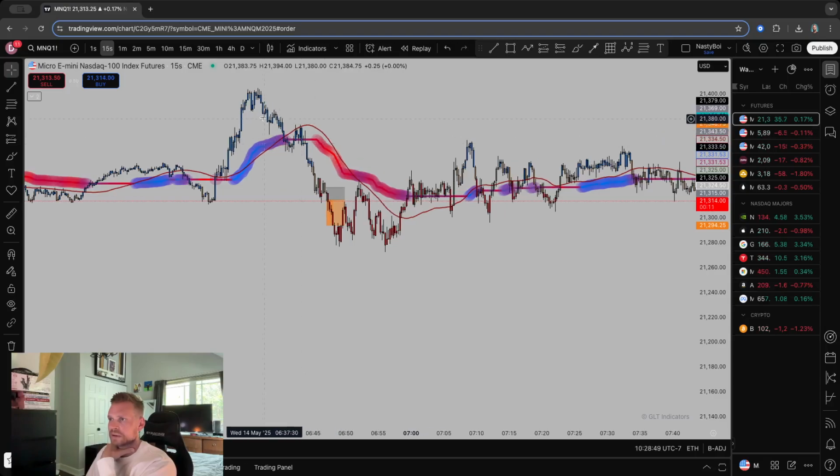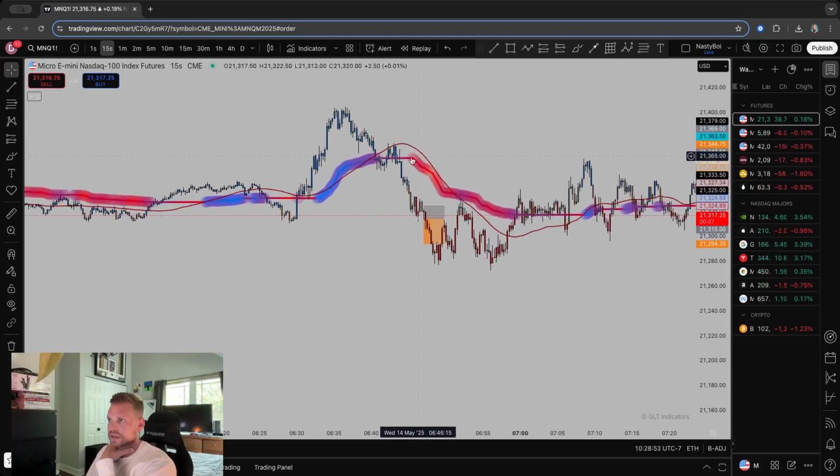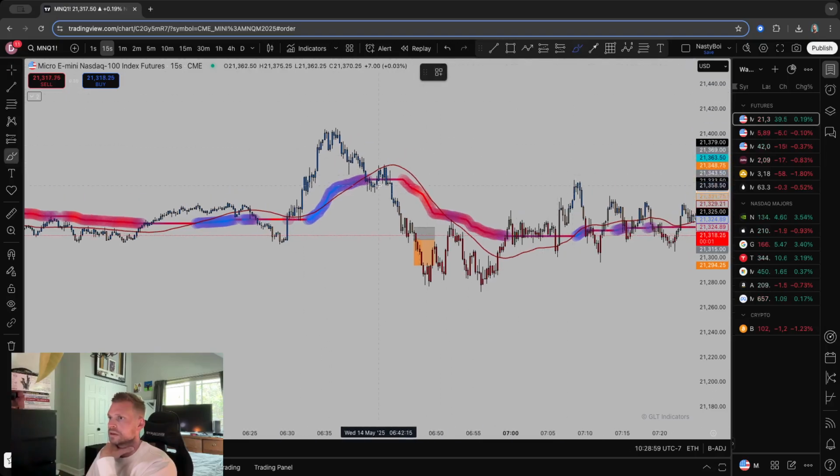Chops back down. Okay, I would consider maybe with this type of push getting into a long, because it looks like what we're going through is probably, with this volume coming into the market, probably some type of reaccumulation where we want to break through the top side.